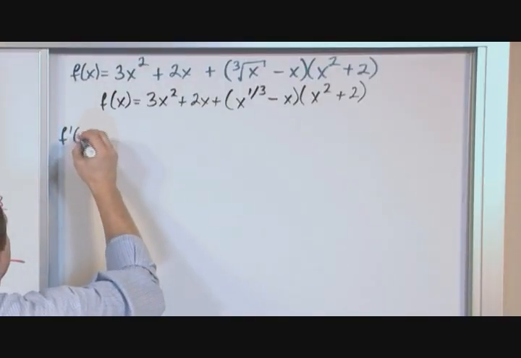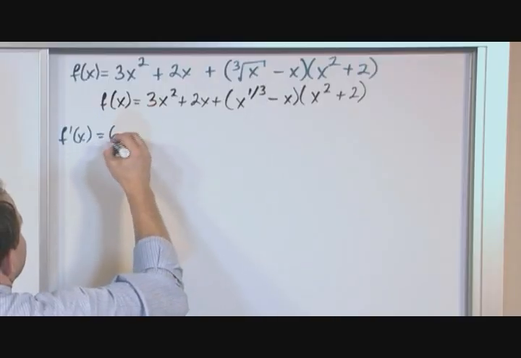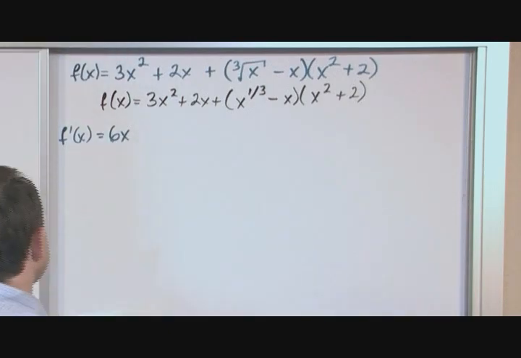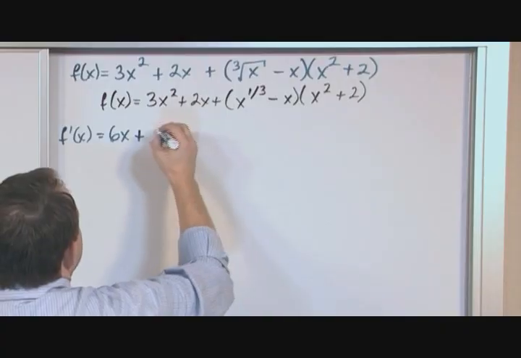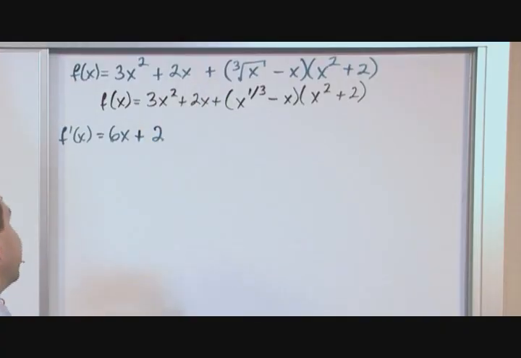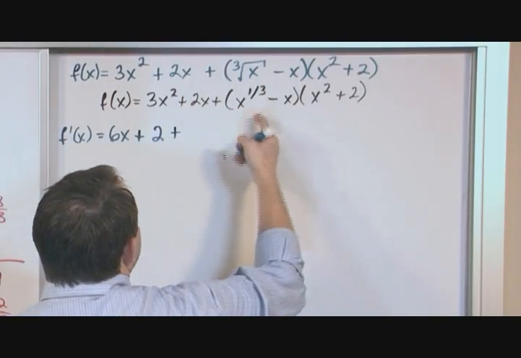F prime of x, what is the derivative here? 3 times 2 is 6x to the first power, because 2 minus 1 is 1. Plus, the derivative of this is just 2, because the exponent comes down, 1 minus 1 gives us 0, x to the 0 disappears. Plus, to take this, we have to do the product rule.